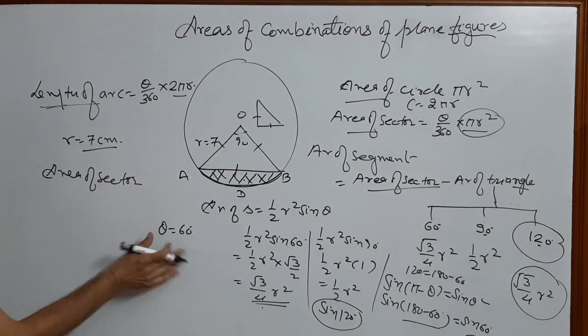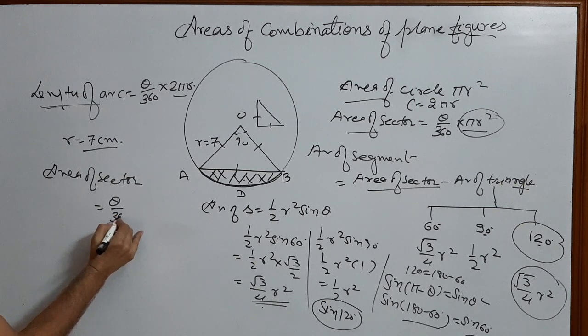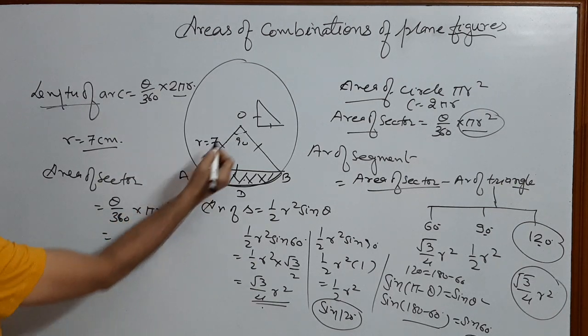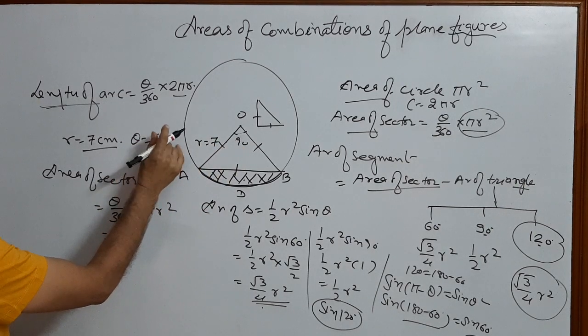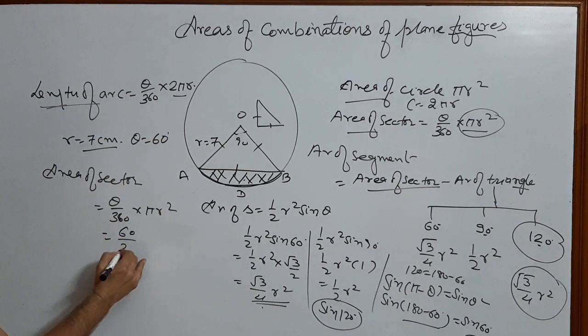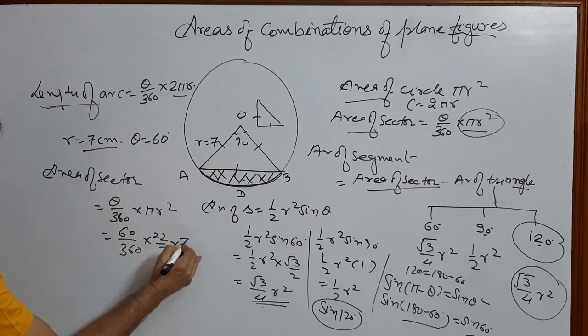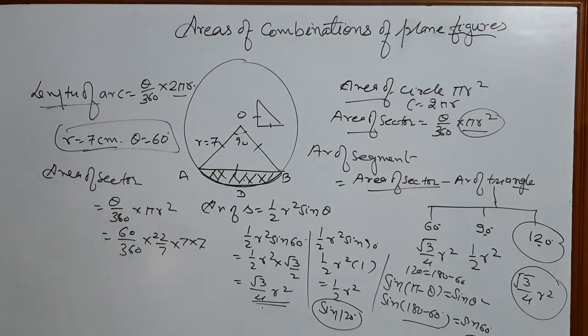Here the area of sector is theta upon 360 pi r square, where theta is given. First take theta as 60, a simple example. So 60 upon 360, then pi is 22 by 7 and radius 7 into 7, because the radius given here is 7 centimeter, and we are going to find the area of sector.